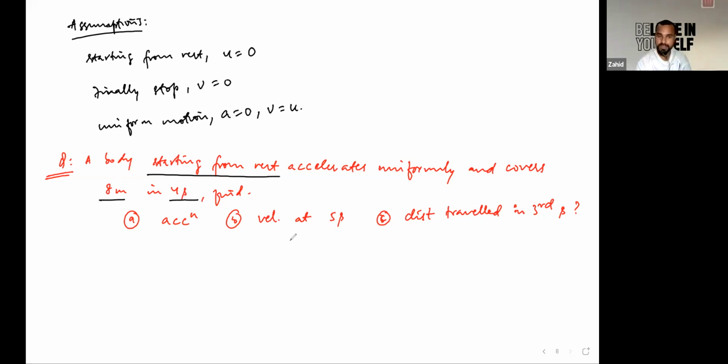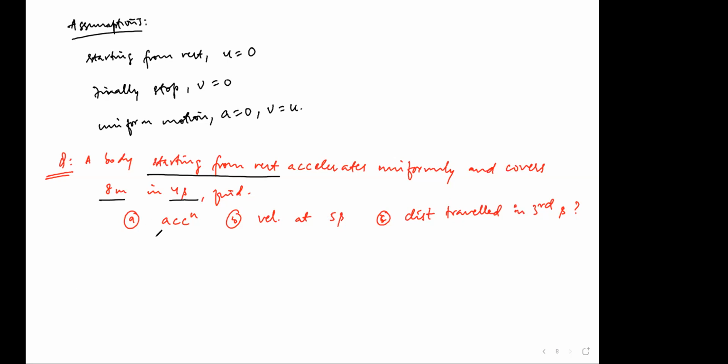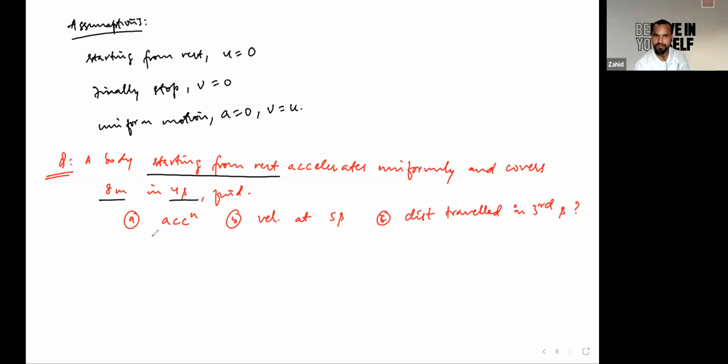On calculating acceleration, using the first equation of motion, you calculate velocity at t equal to 5 seconds. And similarly, using the fourth equation of motion, you will calculate this part. Is it clear? Yes, sir. Try to solve acceleration using the second equation of motion and then apply the rest.